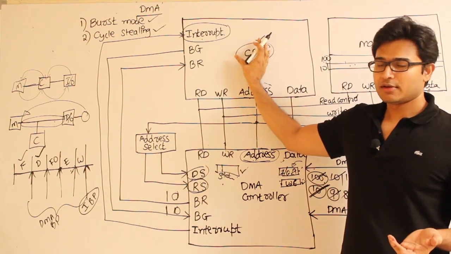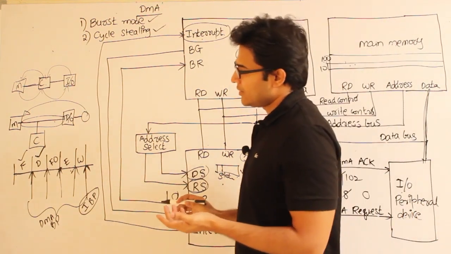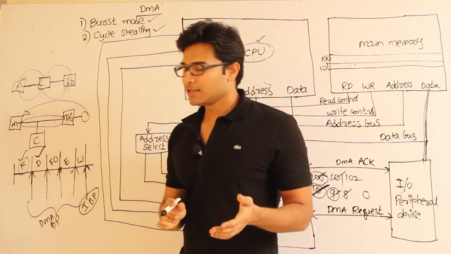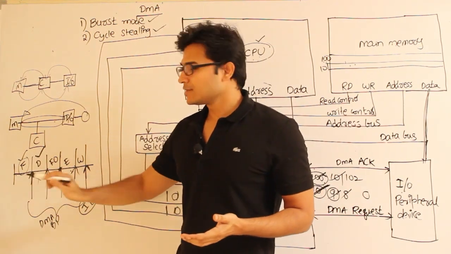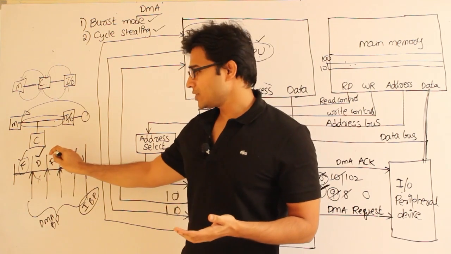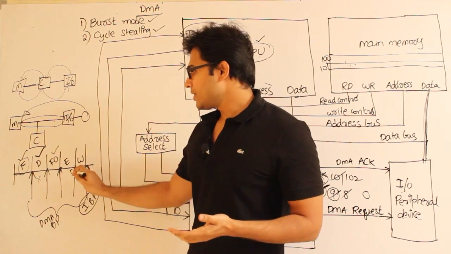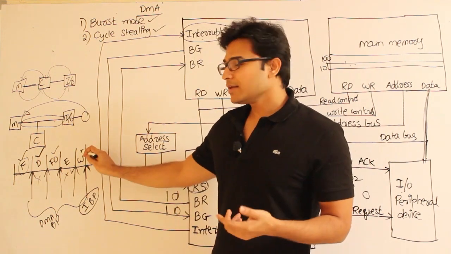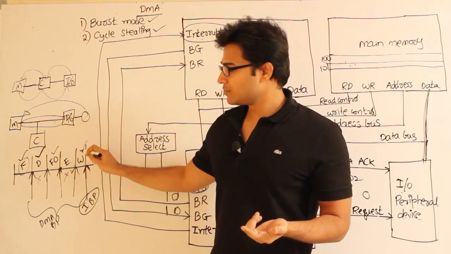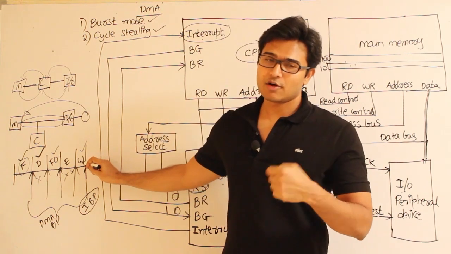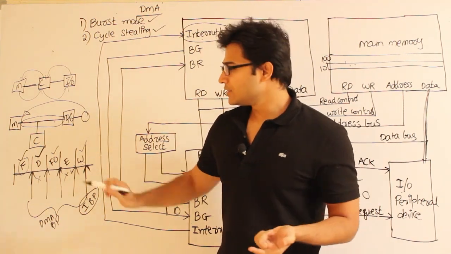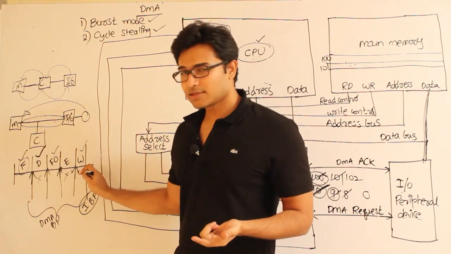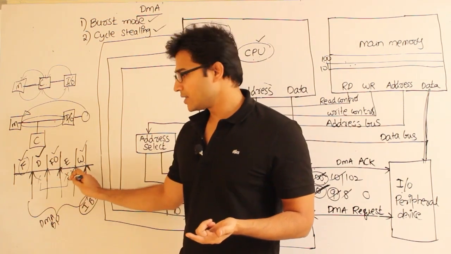For example, if you look at all the phases, in the fetch phase we need the system bus, but in the decode phase we don't need the system bus. In the operand fetch phase we need the system bus, but in executing we don't need it. And similarly in the write back we need the system bus, if you are trying to write back the result of the operation into the memory. Therefore out of these 5 cycles or phases, 2 phases don't need the bus.